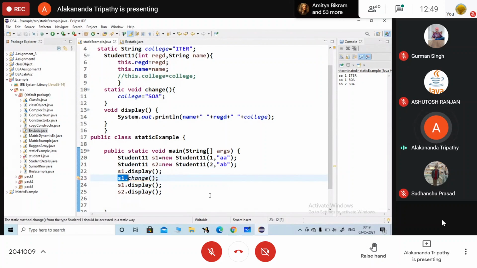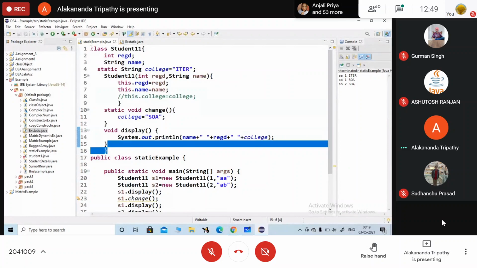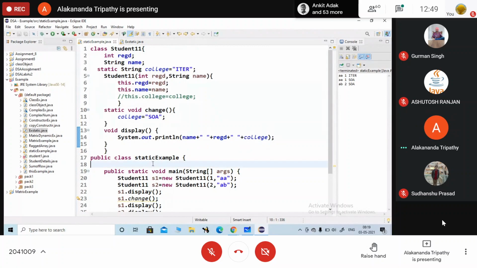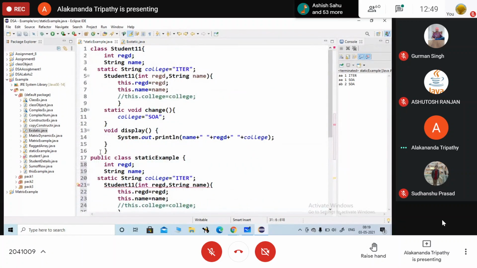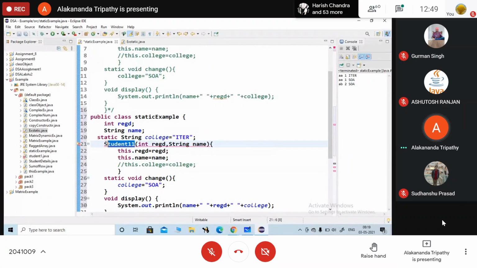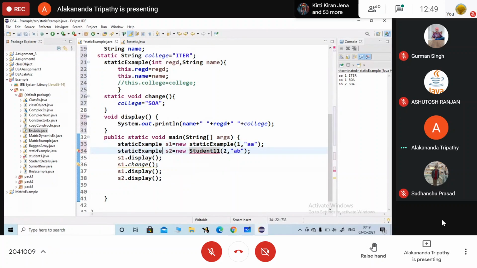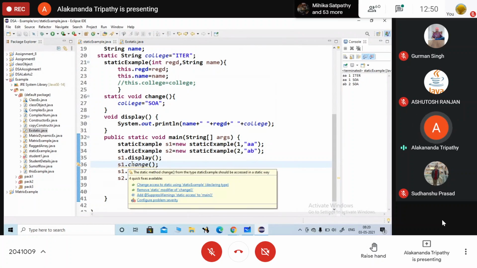Just a minute, I am doing another example. Okay, anyways, it is showing the changes here. I am unable to show you the changes here.